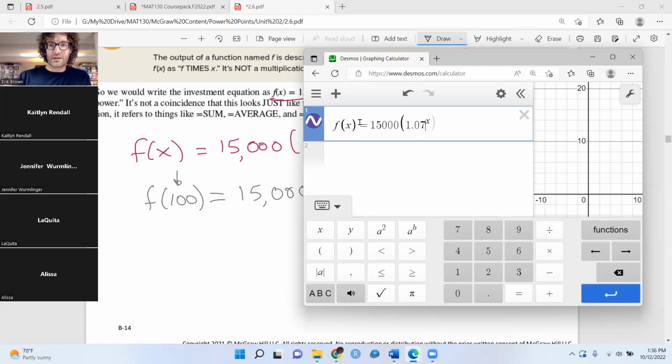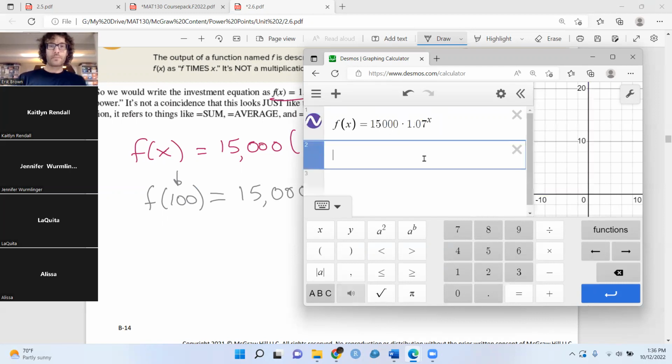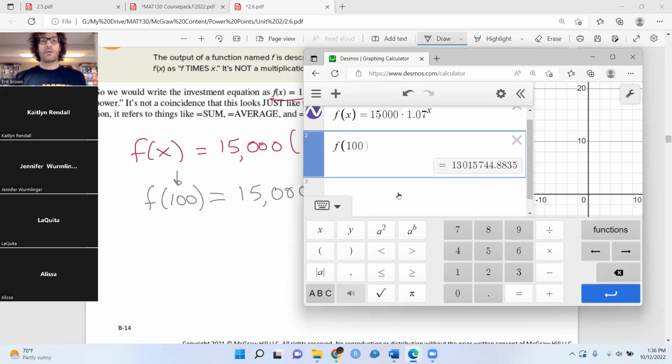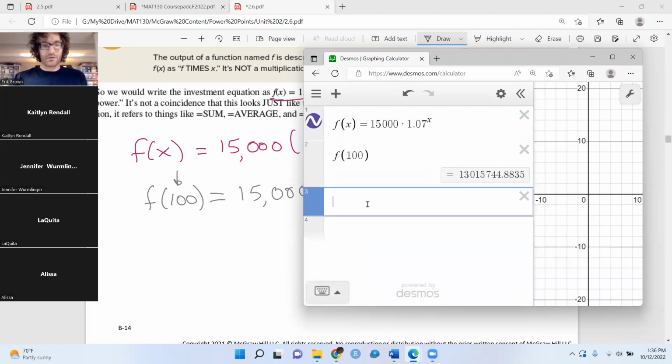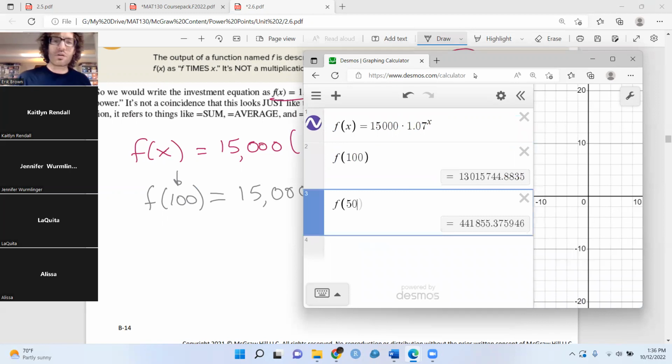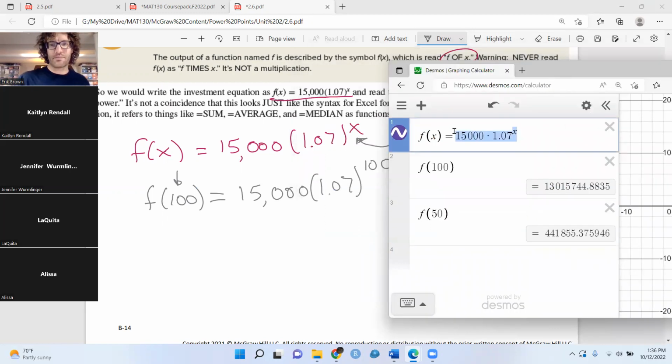You don't actually need any of these parentheses. Let me get rid of them. There we go. And I can type in f of 100. Whoops. And it spits out the answer. Maybe I want to know how much is in the account after 50 years. Well, I just type in f of 50, and it does the calculation for us. So it's more or less a time saver, right? We don't have to keep writing this out.